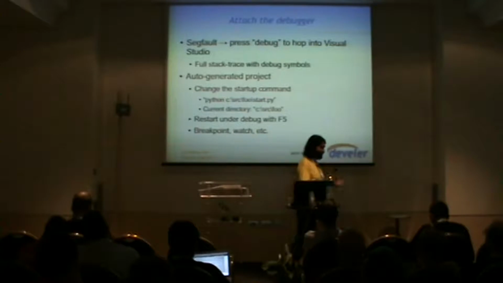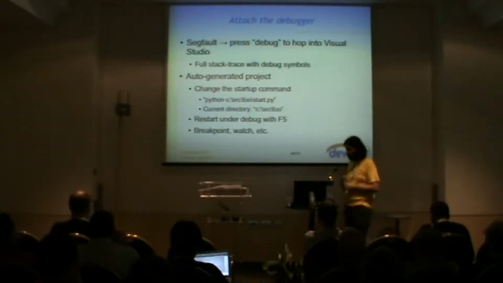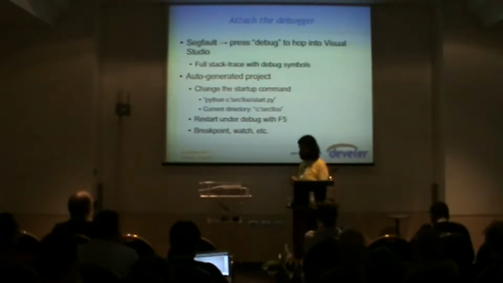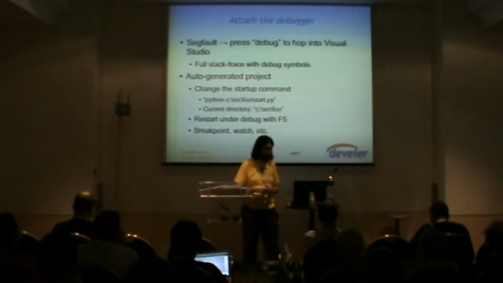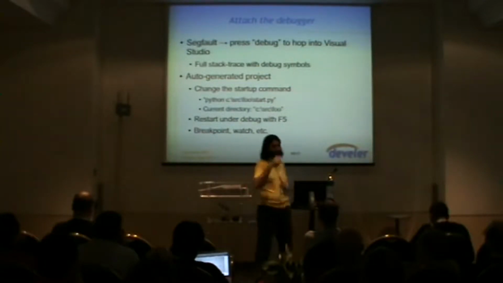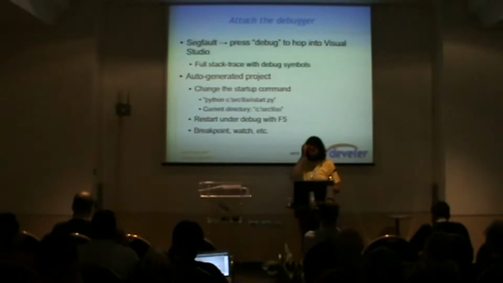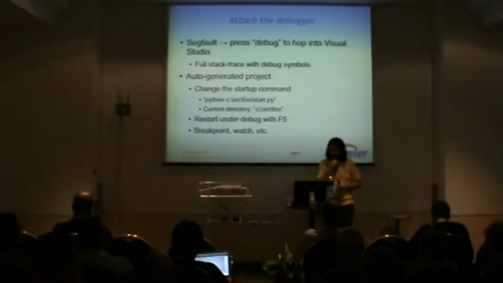When you are at this point, you have the debug symbols and you probably switched off optimization for the parts of code that you want to inspect. Then if you get a segfault, you just press debug and you get the nice stack trace with all the symbols, which is what you were trying to achieve two hours ago.